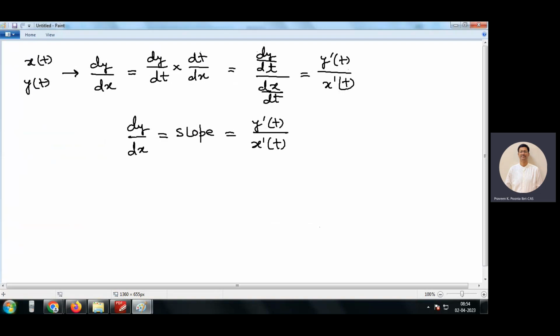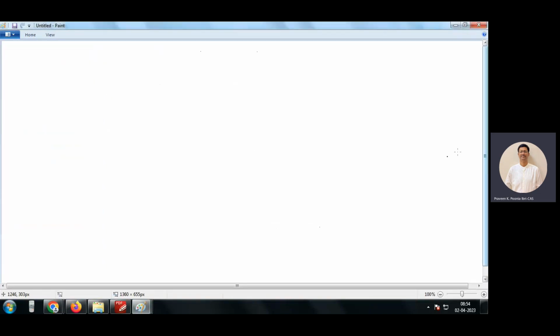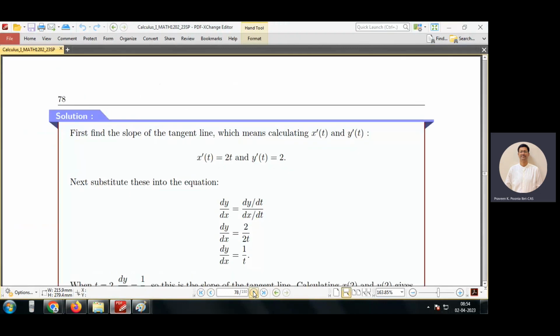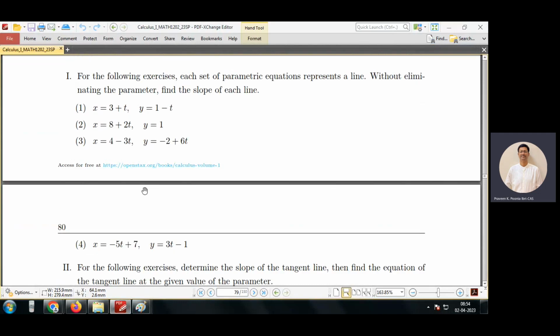Say, for example, if we want to solve one question, let us take a question from the exercise. Let us say question number 1. What is the question? For the following exercises, each set of parametric equations represents a line. Without eliminating the parameter, find the slope of each line.